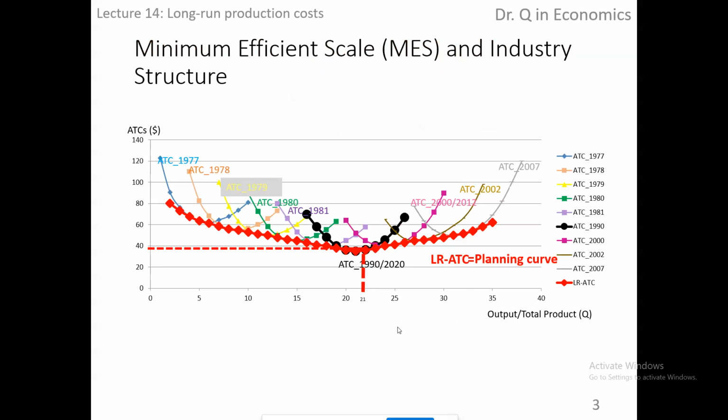In the principles of economics study, we learned that for the short run, businesses cannot adjust firm size. They're stuck at one firm size with its short-run average cost curve.